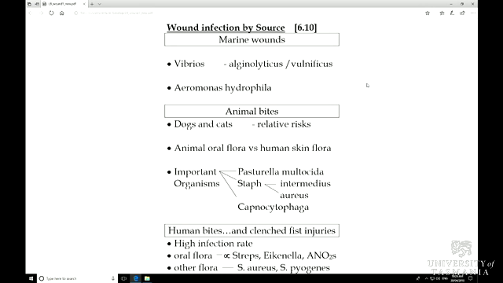Staph intermedius is a coagulase positive staph that you will probably call Staph aureus, but they are different. Whether a wound infection is caused by Staph aureus or intermedius doesn't really matter. It's really only academic. If you make a mistake and you call an intermedius a Staph aureus, who's going to care?